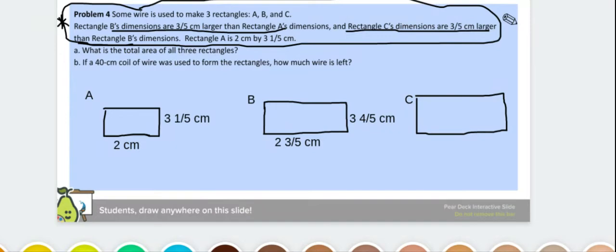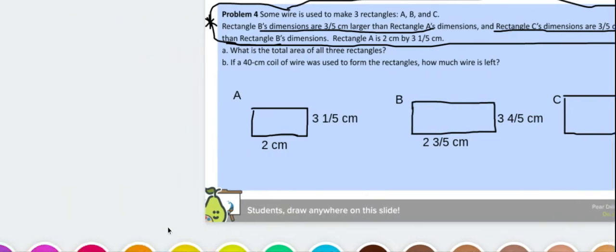So rectangle C is 3/5 centimeters larger than rectangle B's length and rectangle B's width. So if we took 2 3/5 and we added 3/5 to it, that would give us 3 1/5. So the length of rectangle C is 3 1/5.